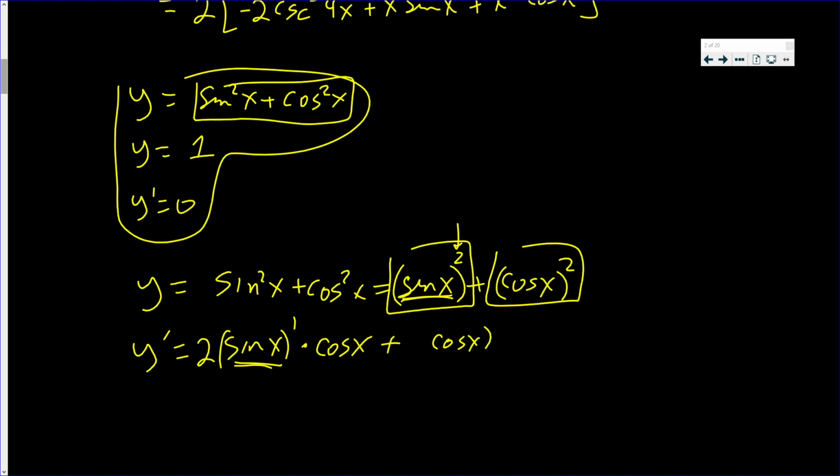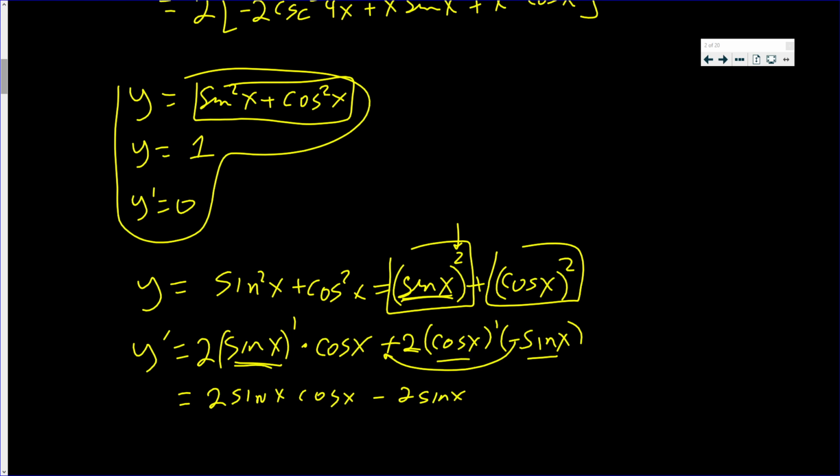You have cosine x to a power. Bring the power down, make the new power 1 less, multiply by the derivative of cosine x, which is negative sine x. So we have 2 sine x cosine x. This minus makes that minus, and then we have 2 sine x cosine x. Oh, these are exactly the same, and subtracting them, I know that answer. It is 0.